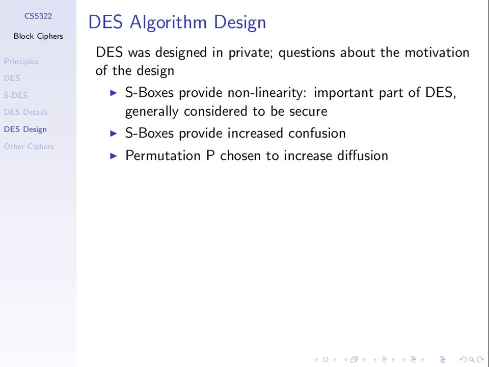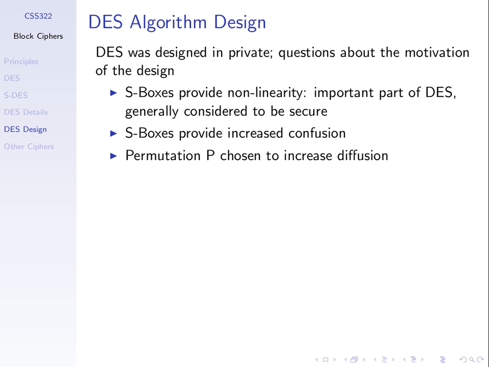So there were questions by other people whether the design was secure. Why was it designed in a particular way? Was it designed in a secure way, or was it designed such that there were some attacks that people could use as a backdoor? That is, someone who knows about the design can break the cipher, but if you don't know about the design, you cannot break it. That's what people's concerns were about DES.